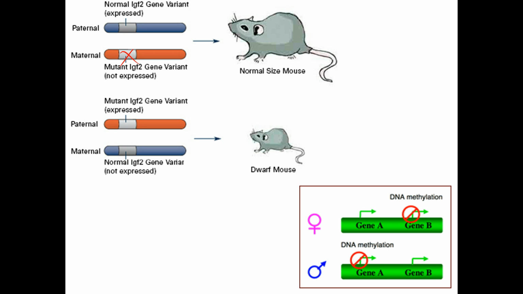No IGF2 gene variant expressed from the maternal, you get a dwarfed mouse. So with methylation, you can basically turn on or off certain genes. We're talking about the gene for the protein signaling molecule IGF2 and the protein receptor, IGF2 receptor.